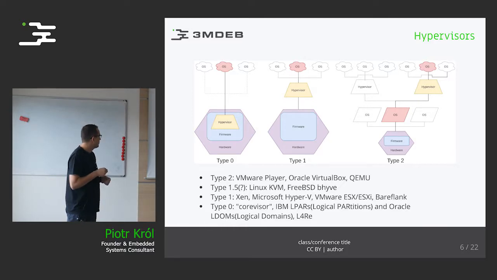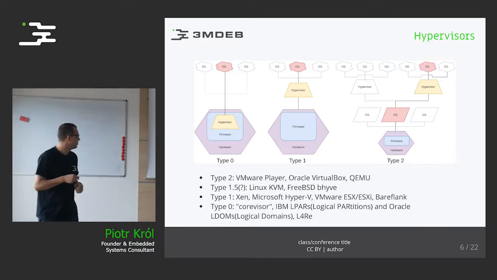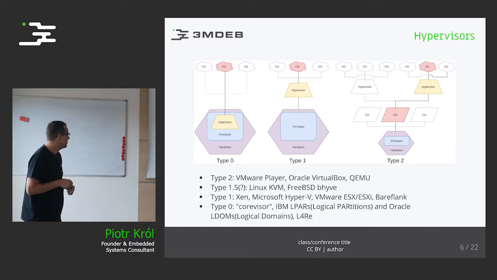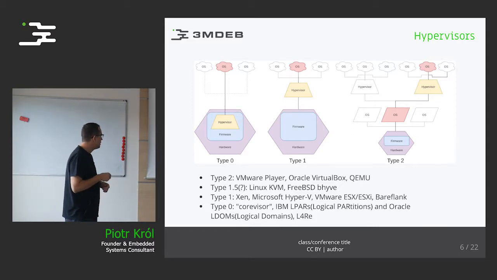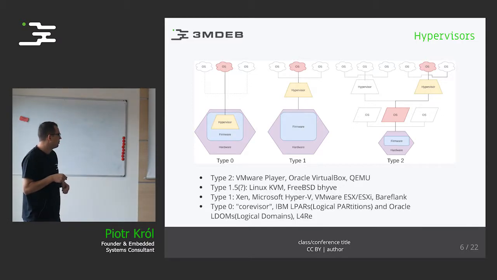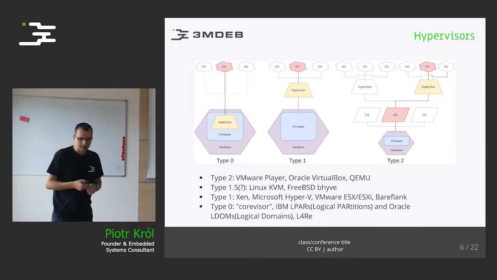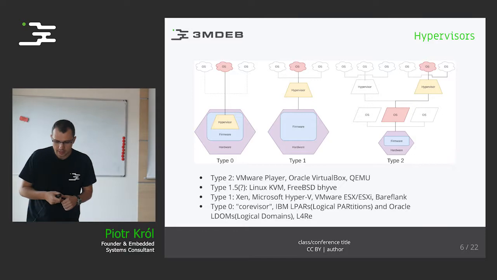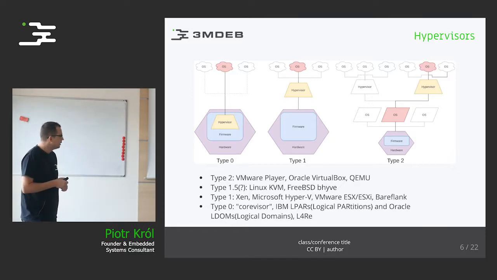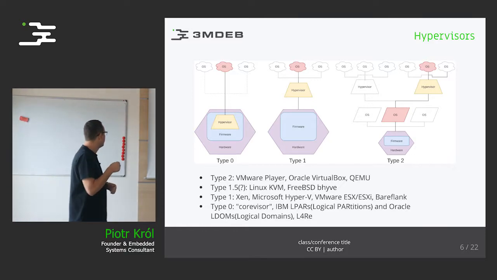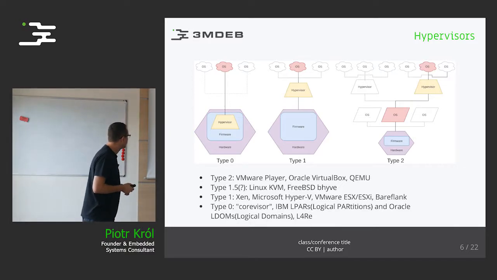Our hypervisor is type 0, and there are other type 0 hypervisors like IBM's LPARs or Oracle LDoms, or we can use the L4 kernel, called L4Re, as an embedded type 0 hypervisor.